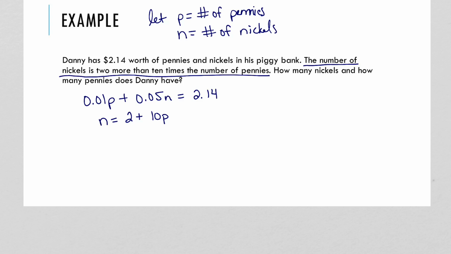So now check this out. N is equal to this business right here. So wherever I see N up here, I can put in 2 plus 10P. So I'm going to rewrite the top equation, and instead of writing N, I'm going to put in 2 plus 10P.